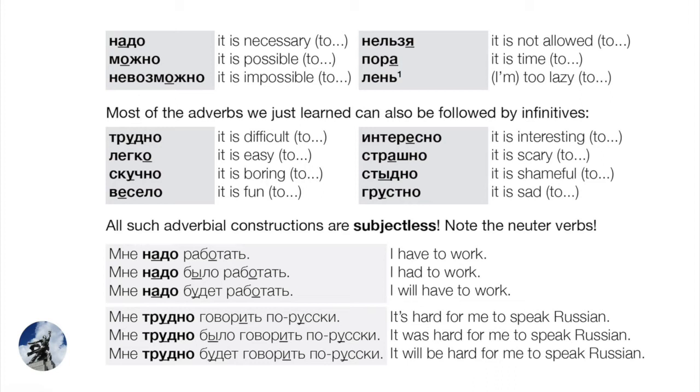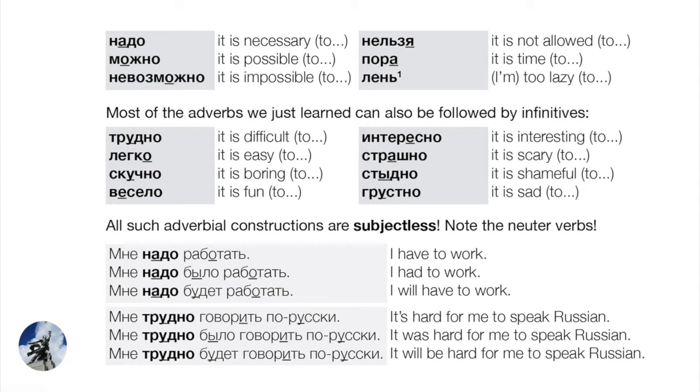Можно means it's possible. Невозможно means it's not possible. Нельзя means also something's not possible, usually in the sense of it's not allowed. One shouldn't, one mustn't do something. That's a common one to express a prohibition.